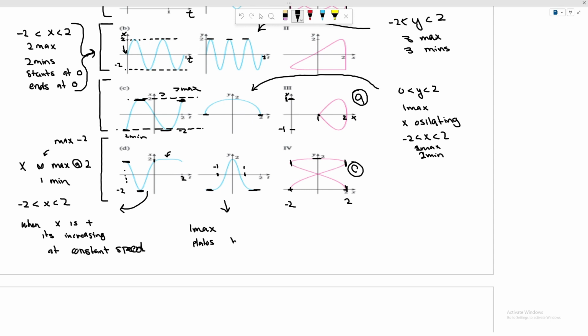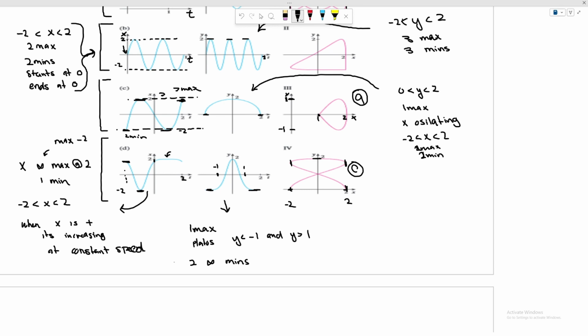Actually no, I can just say plateaus when y is less than -1, and when y is more than 1. Okay, that's where it plateaus, right? So 1 max, it plateaus, 2 infinite mins.